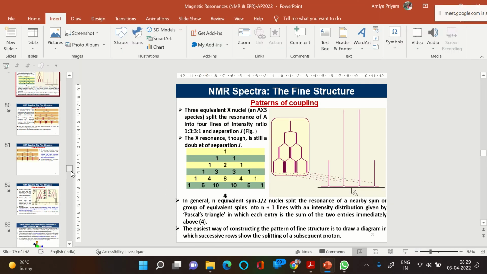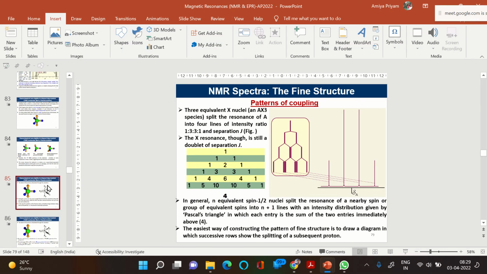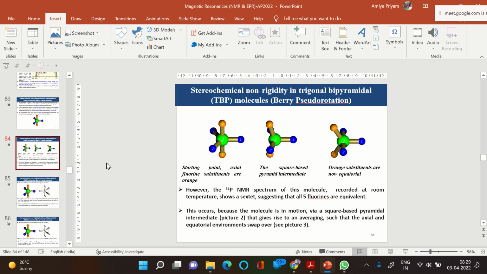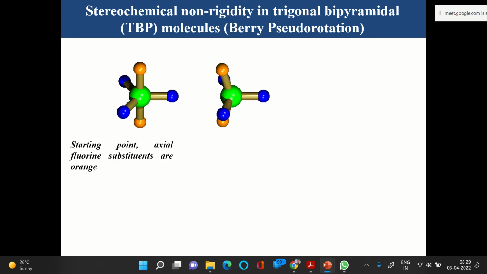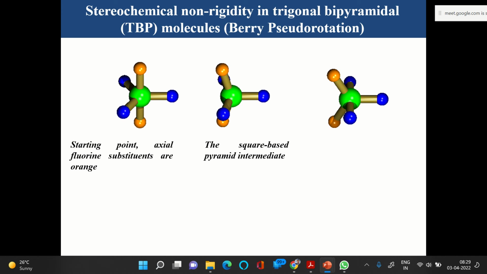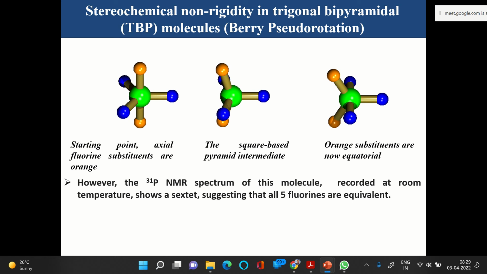So this was the point that I was trying to explain. If you understand the fine structures very well, you should be able to predict. This is what is expected, and this is what you should expect in the examination. You should now be confident enough to predict any such spectrum, and what the fine structure of the spectrum will look like.